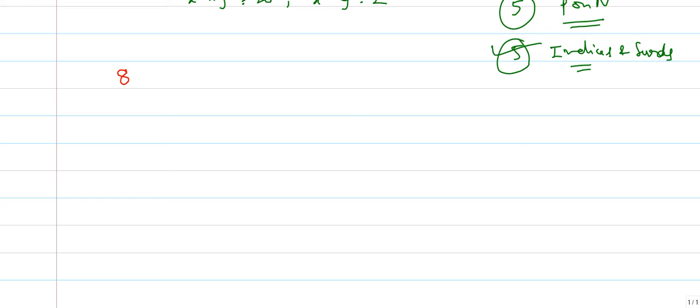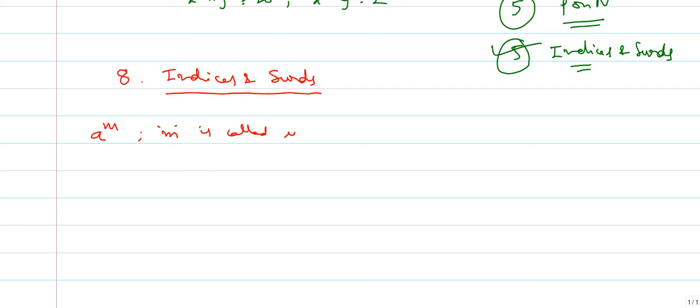This is the 8th topic, indices and surds. If a power m is there, then m is called the index of a.